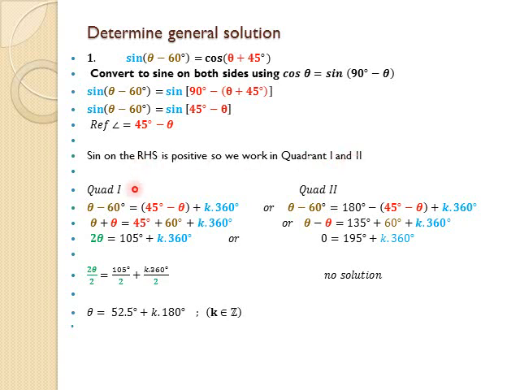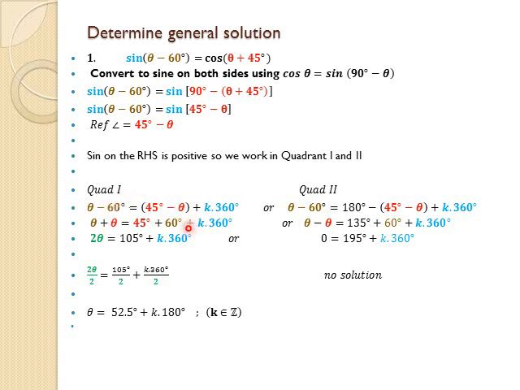So in quad 1, theta minus 60, my angle, would equal my reference angle, 45 minus theta, plus k times 360. Remember sine has a period of 360. Quadrant 2: theta minus 60 equals 180 minus my reference angle, 45 minus theta, plus k times 360. If I simplify here, negative theta, if I take it over, would become plus theta.